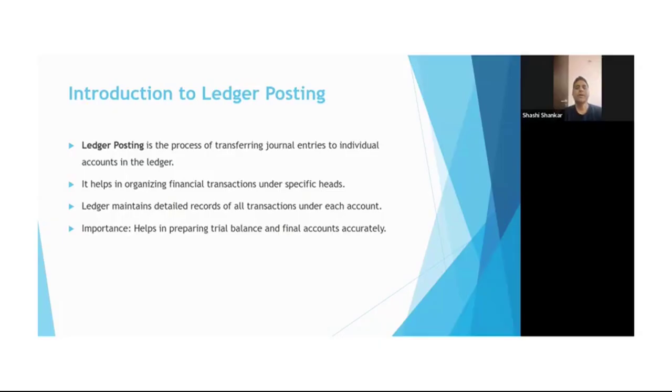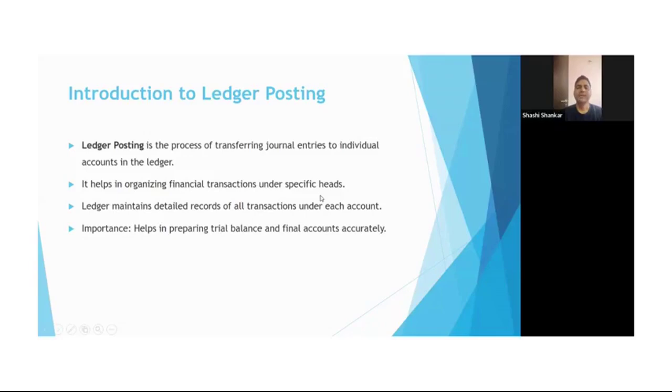Suppose you're talking about machinery, cash. These should be separate accounts here, and on the basis of debit and credit, the amount will be posted here also. It helps in organizing financial transactions under specific heads.